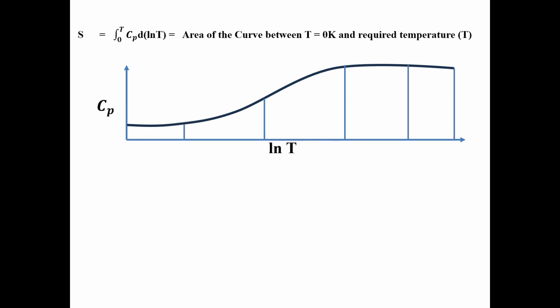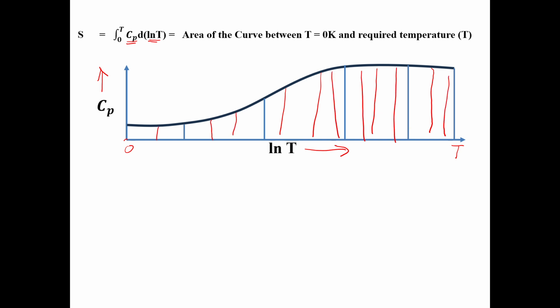If we plot log T along the x-axis and the specific heat at constant pressure along the y-axis, then this is the required curve, and this varies from 0 to the required temperature T. So the entire area under this curve represents your entropy, provided that we know Cp at all temperatures varying from 0 Kelvin to the required temperature.